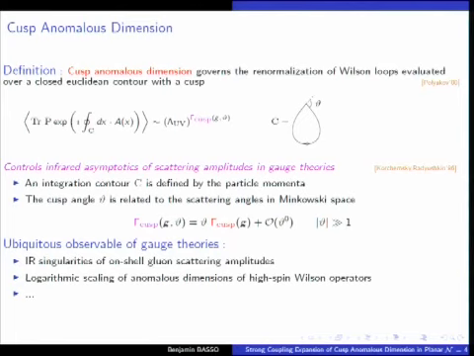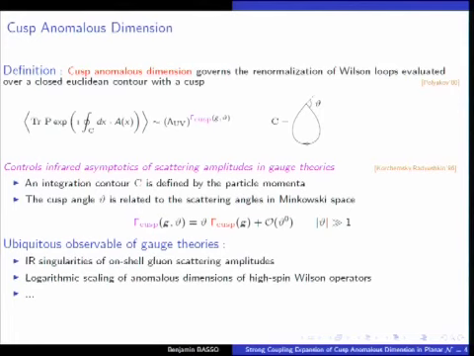So what is the Cusp anomalous dimension? The Cusp anomalous dimension was defined by Polyakov in the 1980s, and it governs the renormalization of a Wilson loop evaluated over a closed Euclidean contour with a cusp.